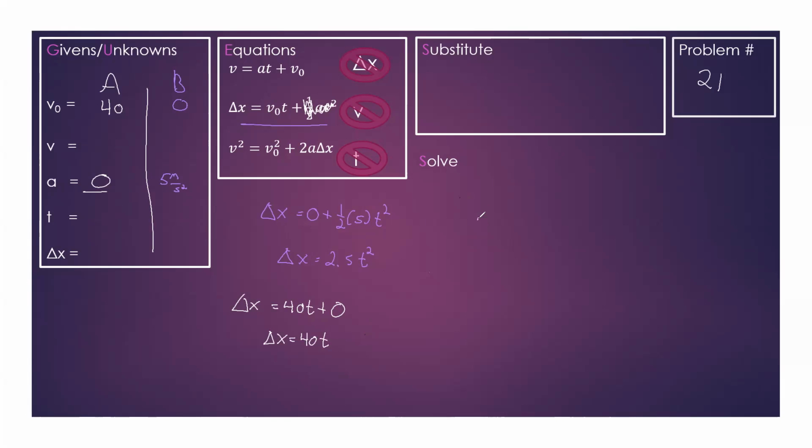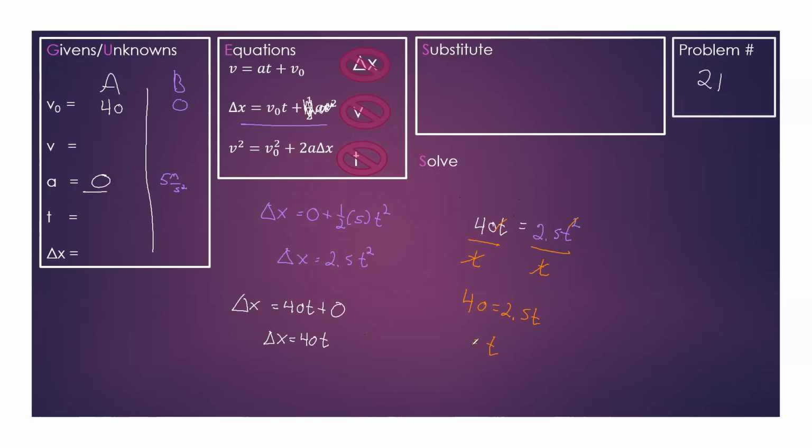I am then going to set these two equations equal to one another and go ahead and solve. I can divide both sides by a t. So I get 40 equals 2.5 t.